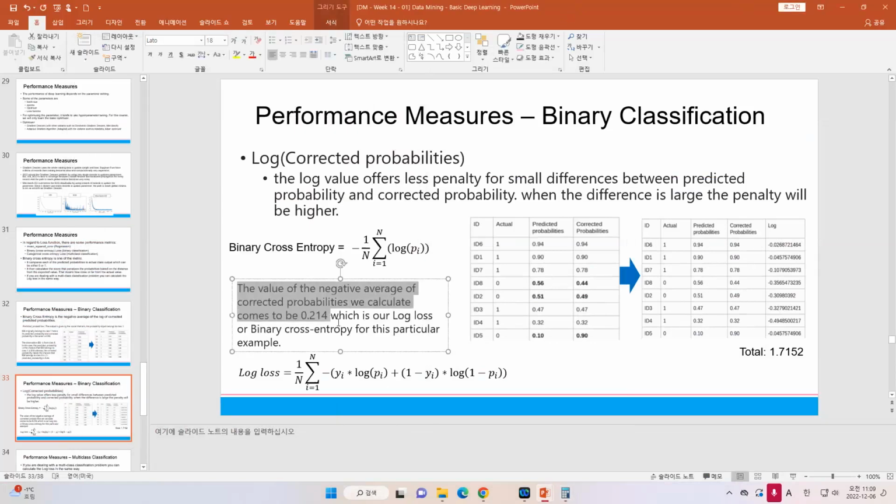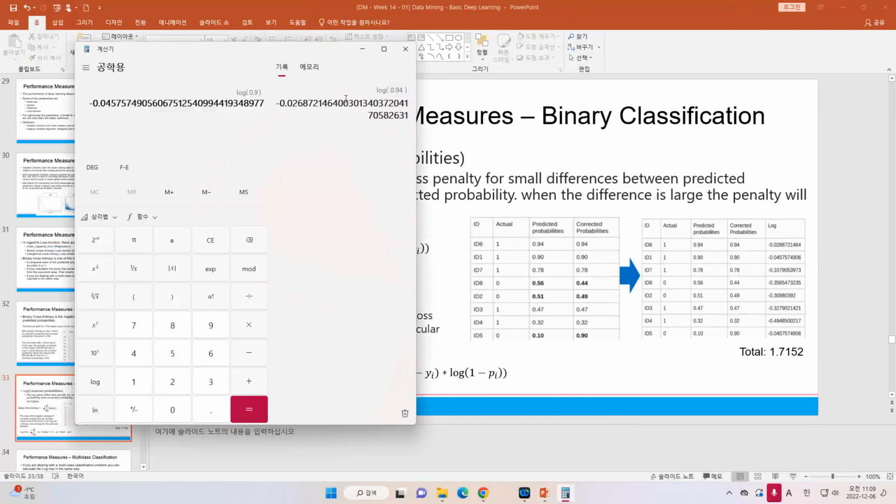The value of the negative average of the corrected probabilities we calculate comes to 0.214, which is our log loss or binary cross entropy for this particular example. So how can we get this number, 0.214? We need to calculate the log for every one of these numbers.